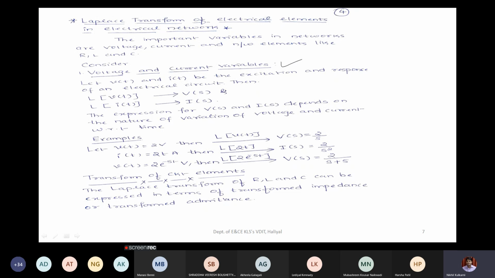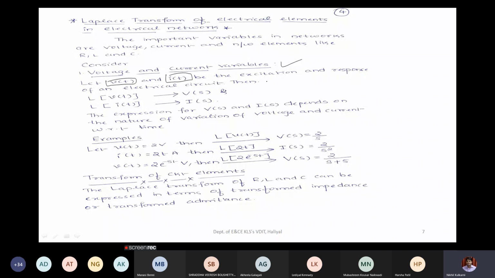Okay. So if we consider voltage and current variables, assume any network. In the time domain, V of t and I of t may represent some source or response. V of t may be the source, that is the input, and I of t can be the output, that is the response, or I of t can be the input, due to which you may get V of t. In general, how do we write it?